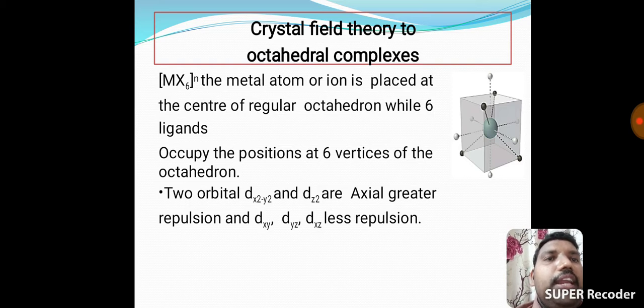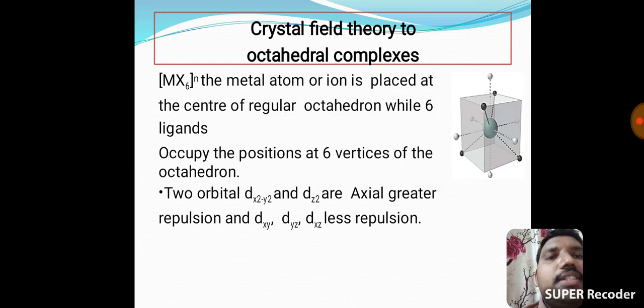Crystal field theory, octahedral complexes. MX6, where M means central metal atom, X is the ligand. The central metal atom is placed at the center of a regular octahedron, while the 6 ligands occupy the 6 vertices of the octahedron.